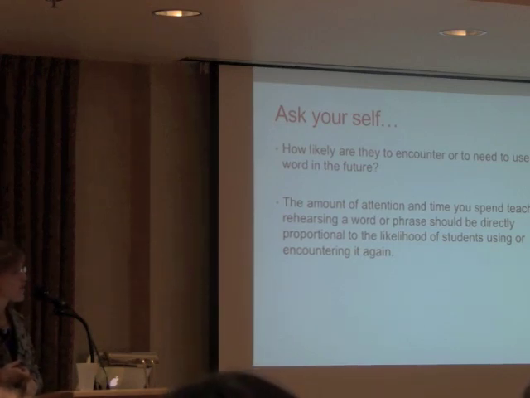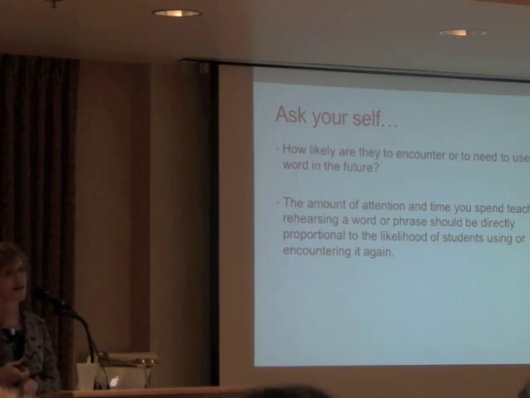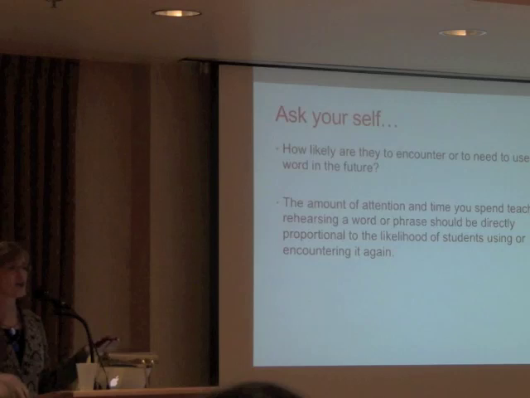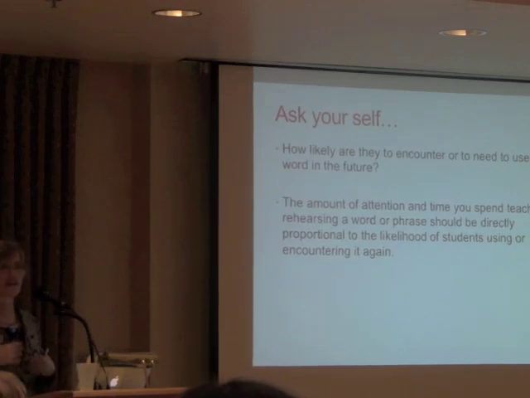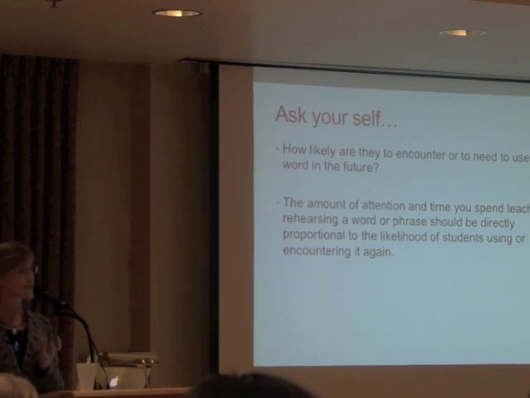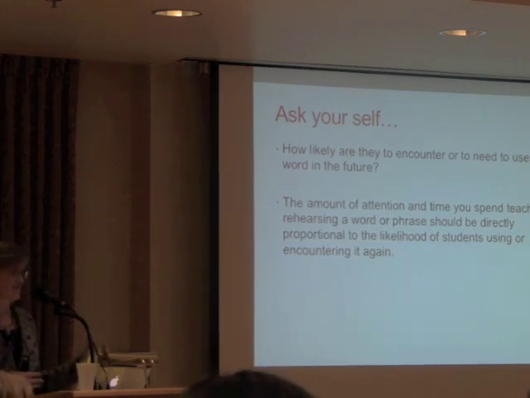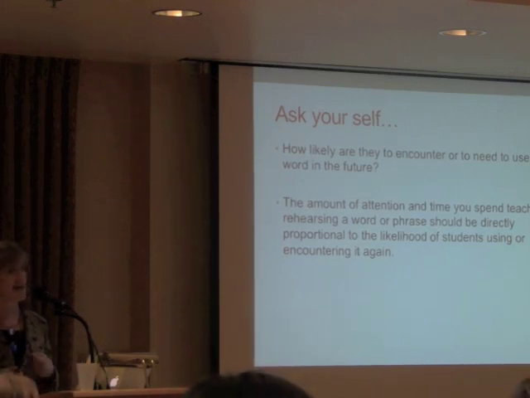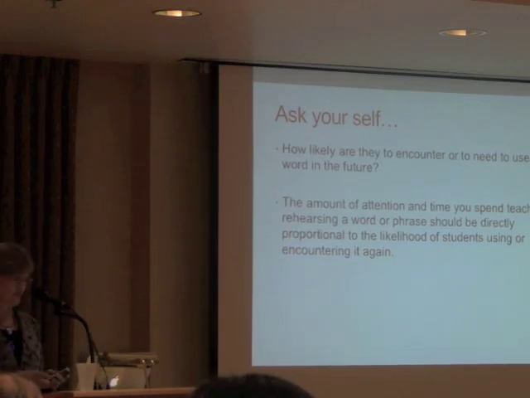So you're not going to spend a whole lot of time on, give me an example, mitochondria. Very specific to a unit, important enough, right? But I'm not going to spend more time on that than the word context or illustrate. Those words I want to be sure kids have in their working, useful vocabulary.